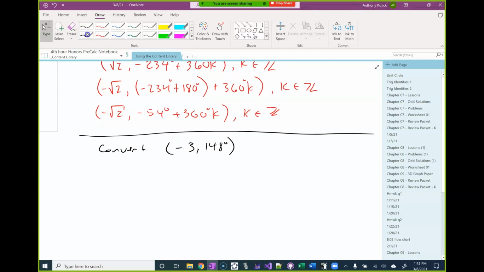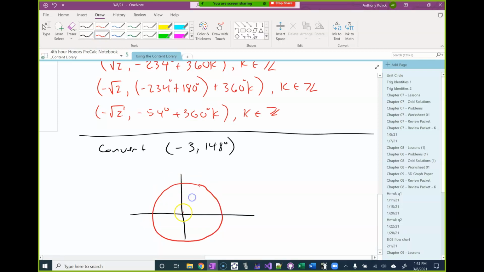If we recall all the way back to first semester, if I have some circle where this is my radius and this is my angle, I can make a right triangle out of this situation, where the x-coordinate is going to be r times cosine theta, and the y-coordinate is going to be r times sine theta.